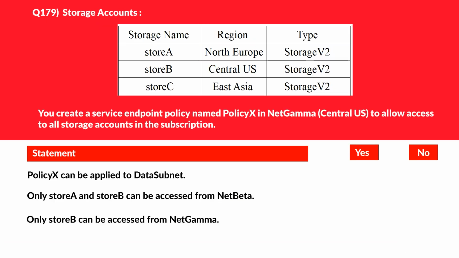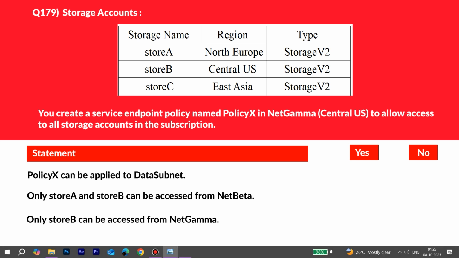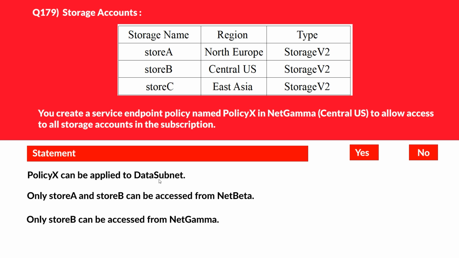Let's have a look. Let's again go back here, and statement 1 says policy X can be applied to data subnet. So we got to compare the location here. The trick here is the location or the region. So policy X cannot be applied to data subnet because they are in different regions.